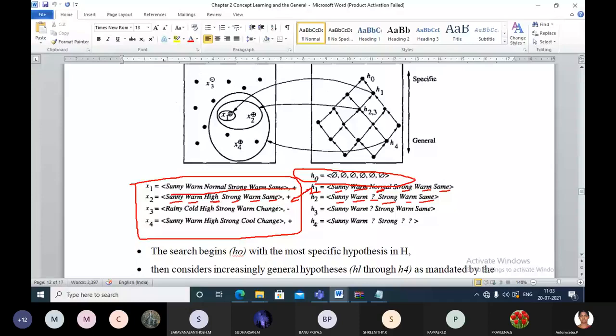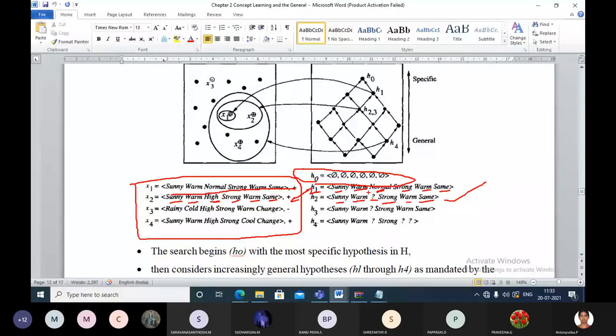Now this H2 is the new hypothesis where you have moved from a specific hypothesis to a general hypothesis by replacing only the third attribute's value, where in the hypothesis it was normal and in the new data instance it is high. Since both values are different, you put a general question mark.